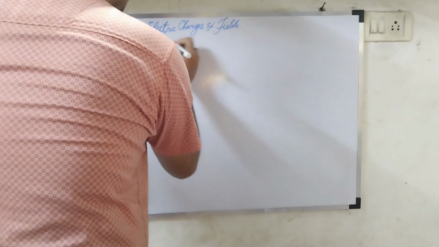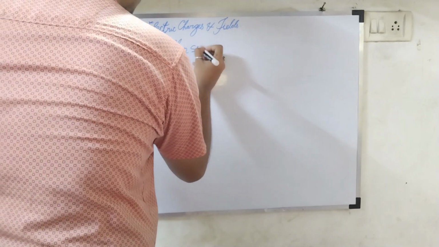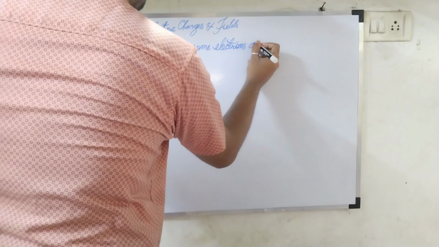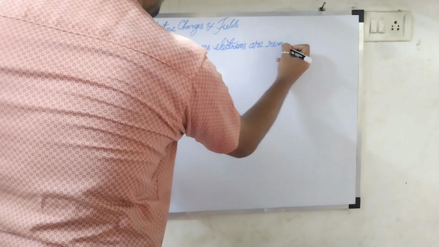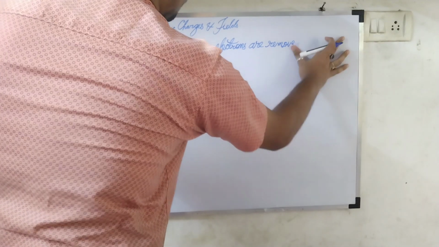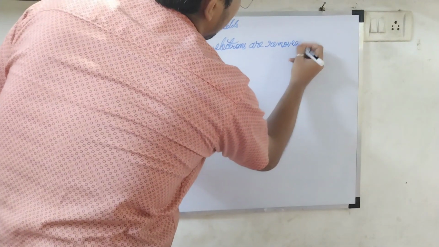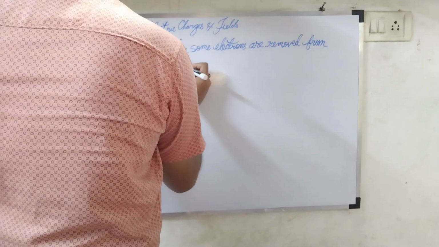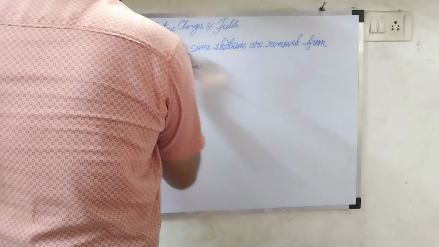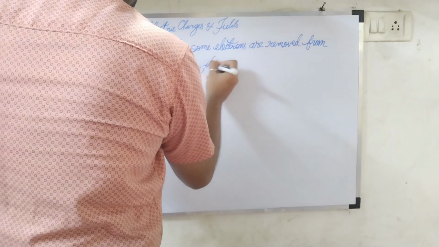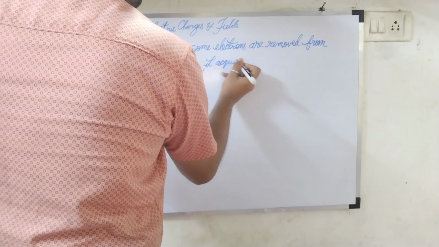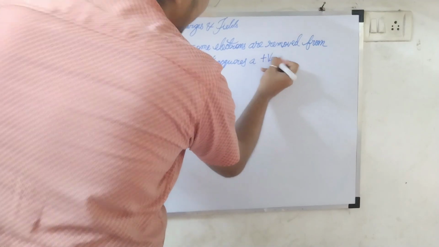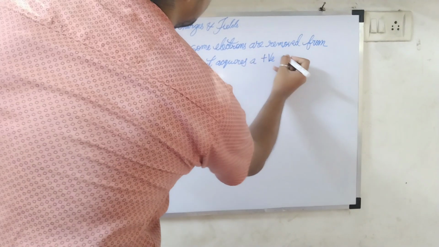So, when some electrons are removed from the atom, it acquires a positive charge. I am writing in a symbolic way, okay? Positive charge.